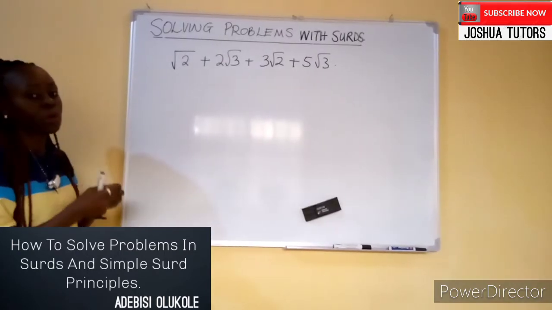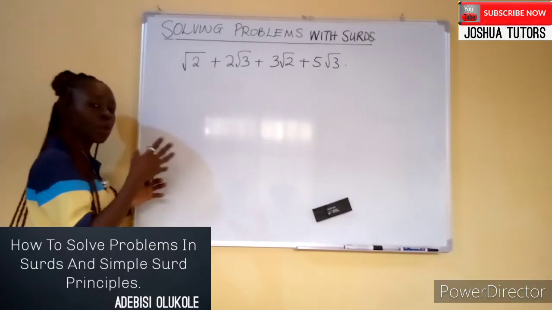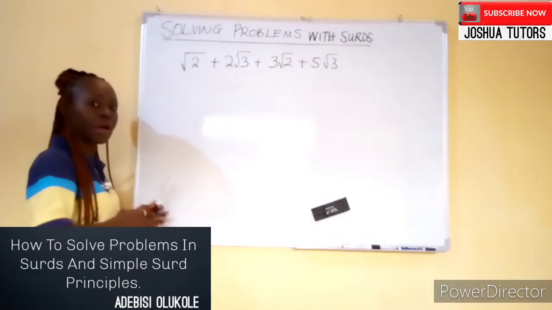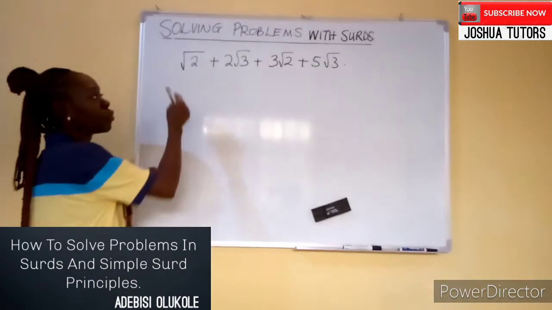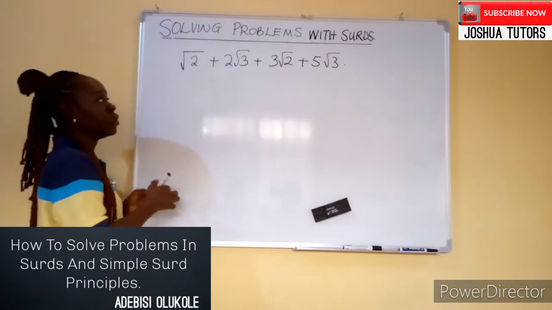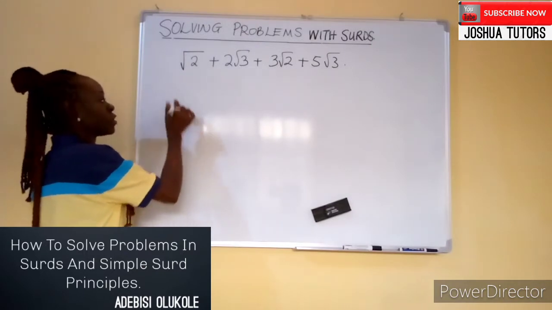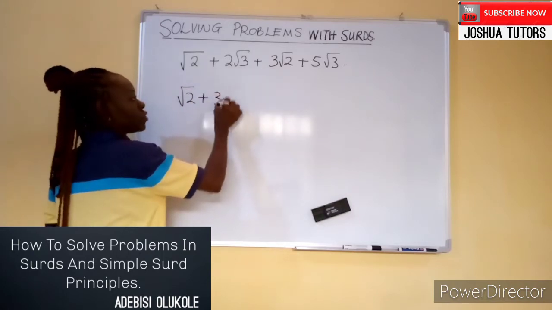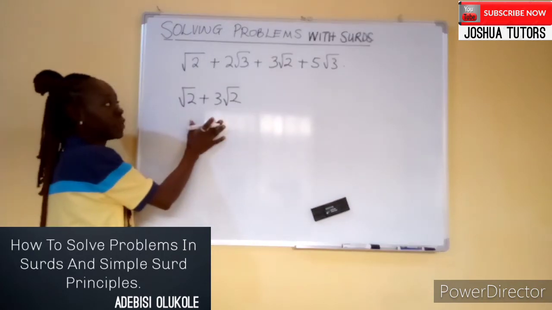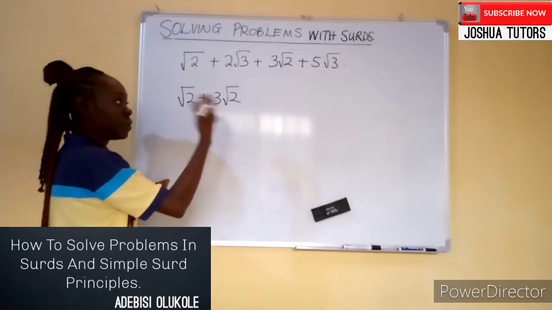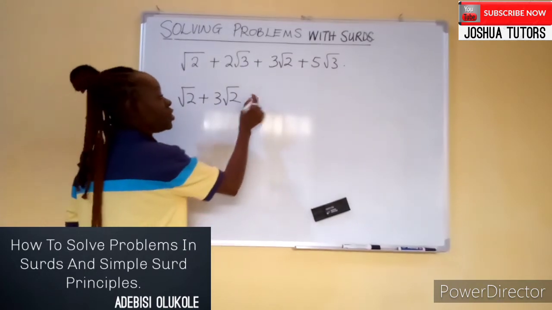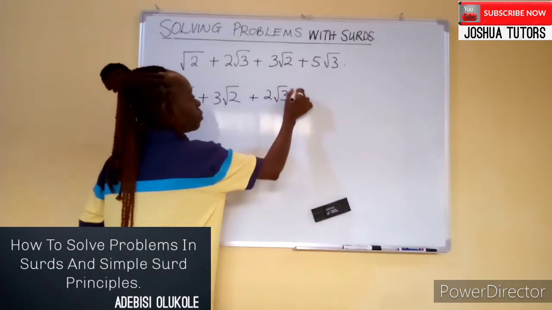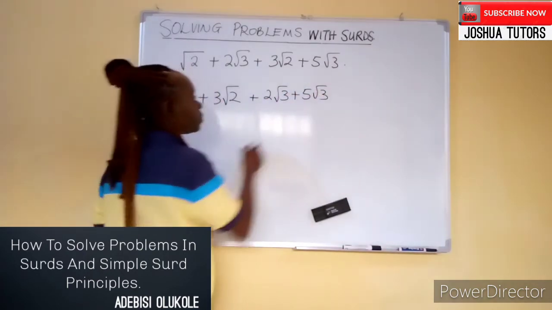You collect the like surds, just like you collect like terms to add or subtract in algebra. So I'm going to be collecting the like surds. I have surd 2 plus 3 surd 2. And then the other like surds, which is unlike with surd 2, is 2 surd 3 plus 5 surd 3.